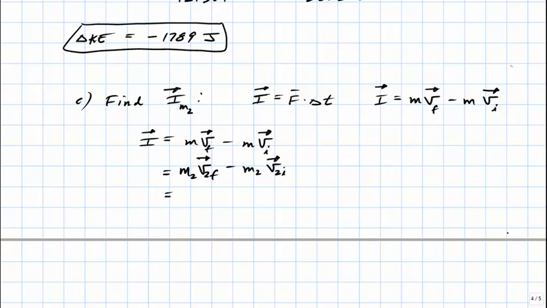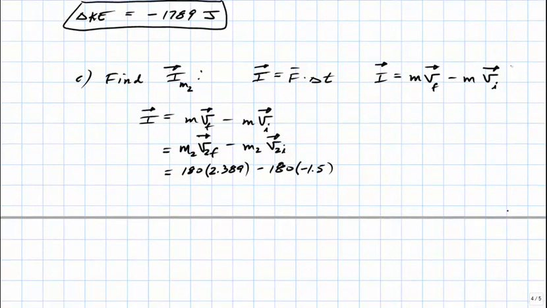Let's include the results. m2 has a value of 180, and the final velocity of that mass was calculated as 2.389 minus m2, again, the value is 180, and v2 initial was given as negative 1.5.